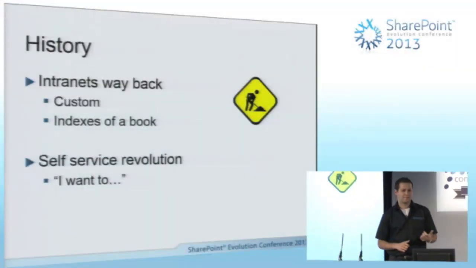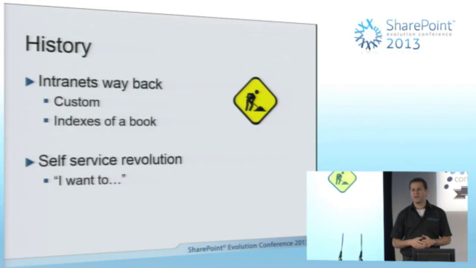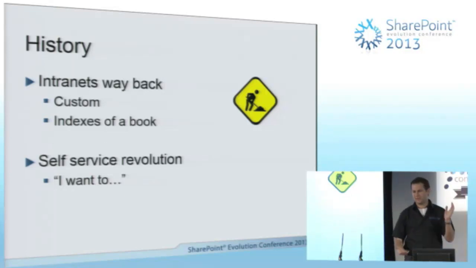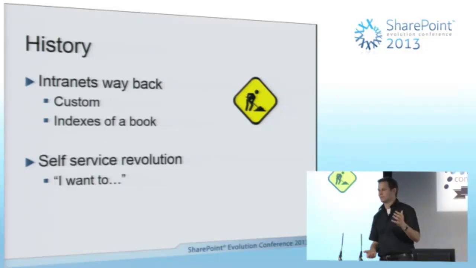But first I want to go back a little bit in time and talk about how intranets started out and how we got to where we're at today. So intranets way back used to just be basic pages of links. There were documents strewn across the enterprise or organization. There were all sorts of resources available through the browser or in different repositories around organizations.